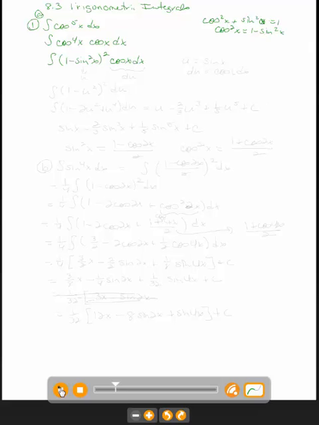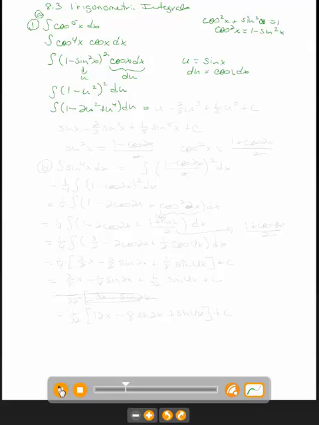And then we're going to make a u substitution and let it be the sine of x. And so du is going to be the cosine of x dx. So this right here is your du, and your sine is your u. So this turns into 1 minus u squared, quantity squared, du. If I square that out, I get 1 minus 2u squared plus u to the fourth.